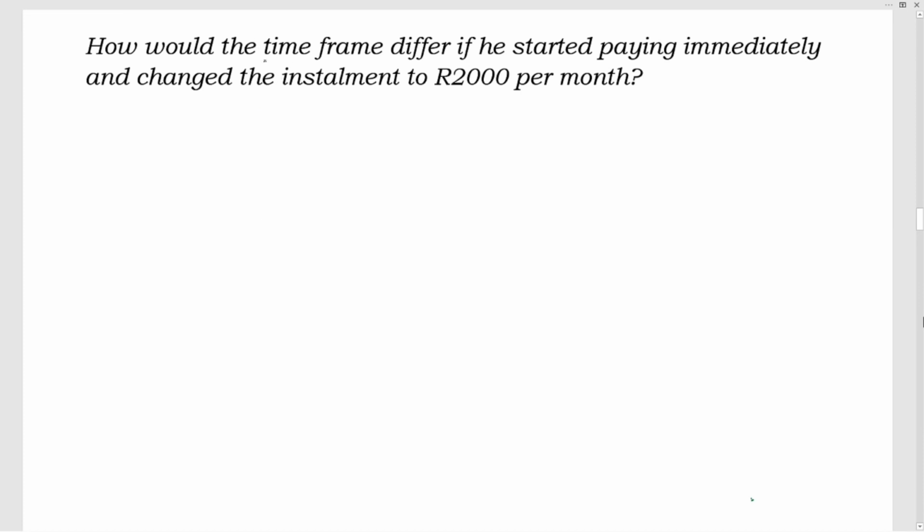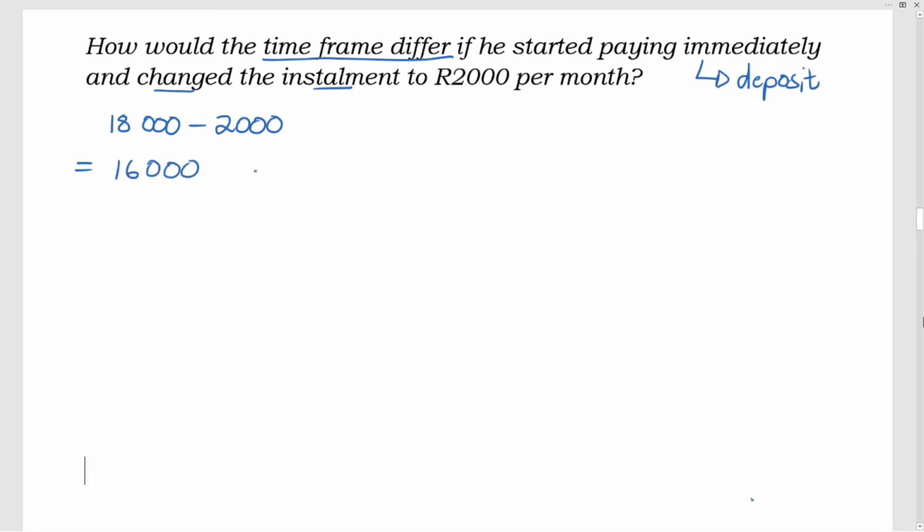So I'm going to change it up. I'm going to say, how would the time frame differ if he started paying immediately? So that means that there's a certain amount of deposit which needs to be subtracted first. And I want to change the installment to 2,000 Rand per month. Right, so what was the laptop's price again? It was 18,000. So the first thing I'm going to do is subtract my first payment, which means the amount borrowed is now 16,000 Rand.